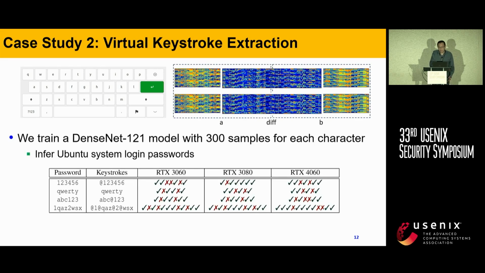We evaluate if we can extract a user's system login passwords entered via the virtual keyboard. 4 common passwords are used, and we can indeed decipher many segments of these passwords. Due to the time limit, I skipped many details. If you are interested in our work, welcome to read our paper.